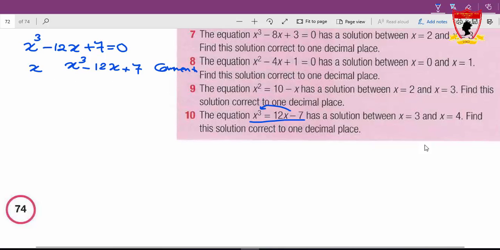Let's check. The x's should be between 3 and 4. The first x we pick, we can straight away pick a number in between them, 3.5.